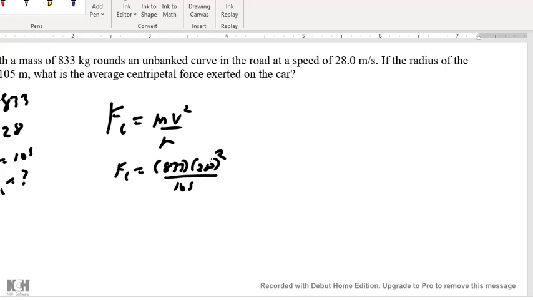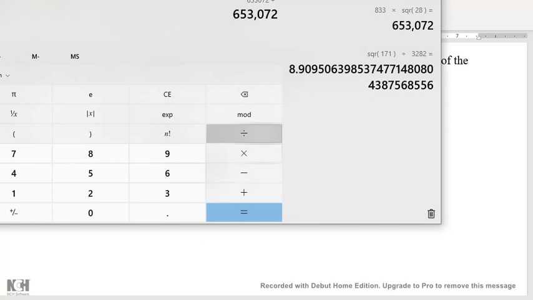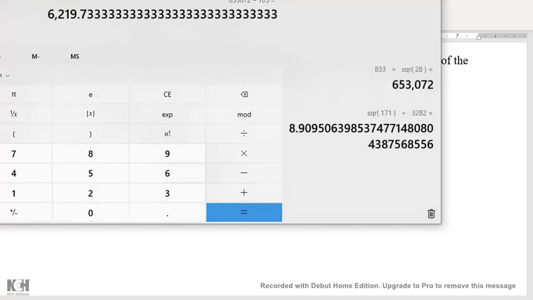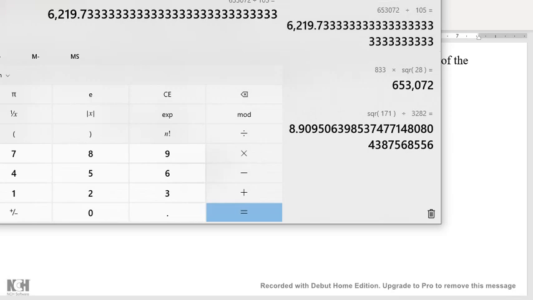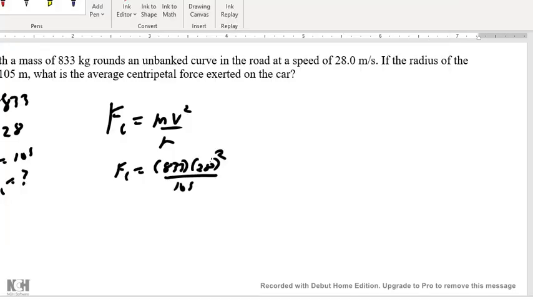Let's go back to my calculator, see where I was at. Divide by 105, and that should give me 629.73. So my FC is 629.73, which units for force, newtons. And there it is.